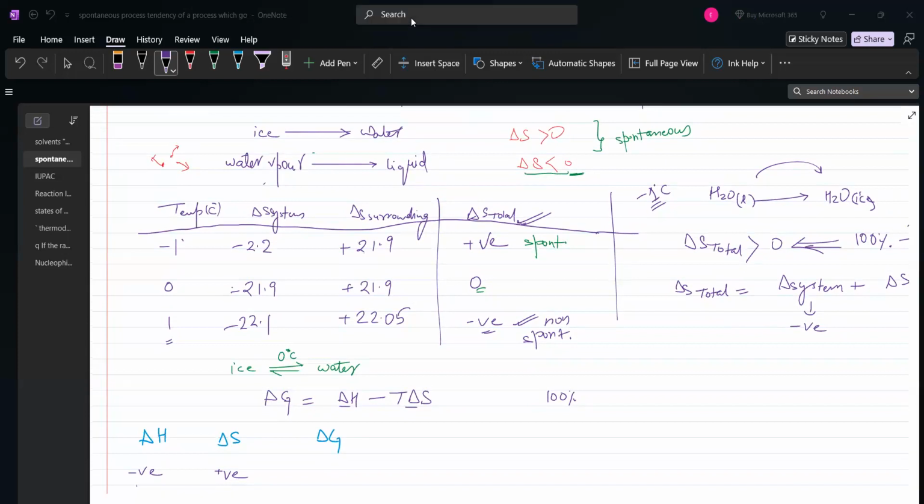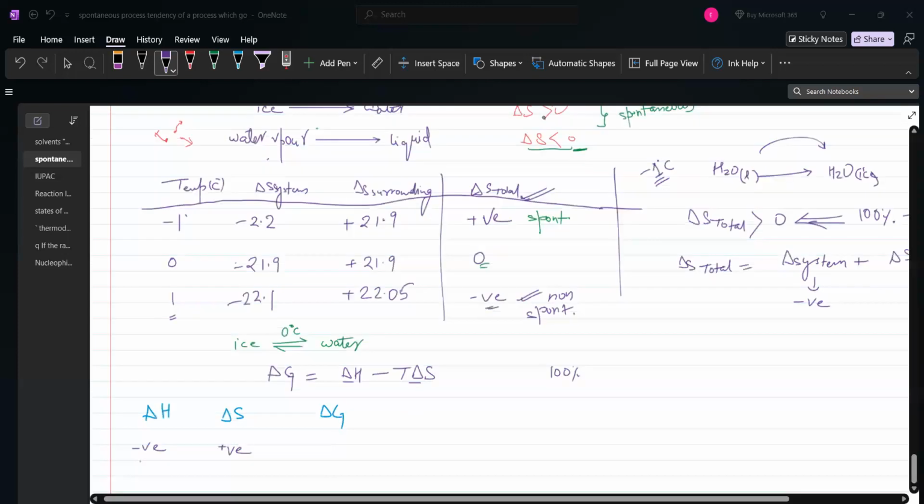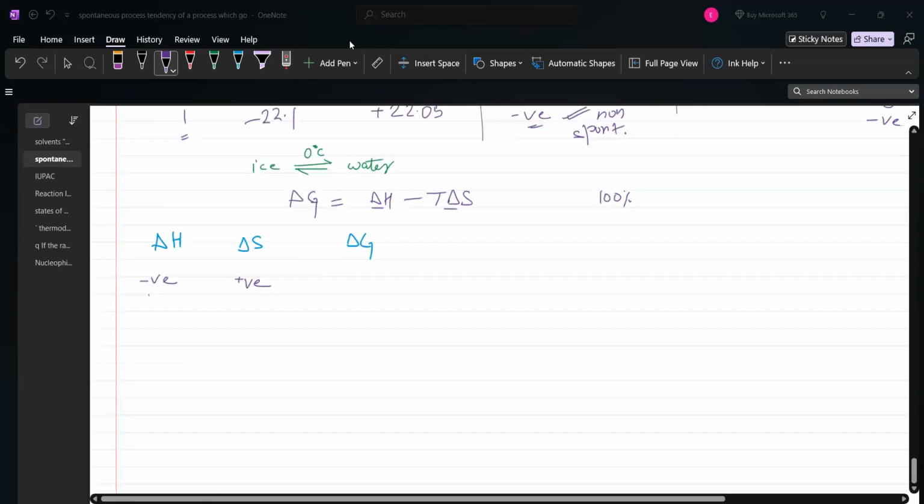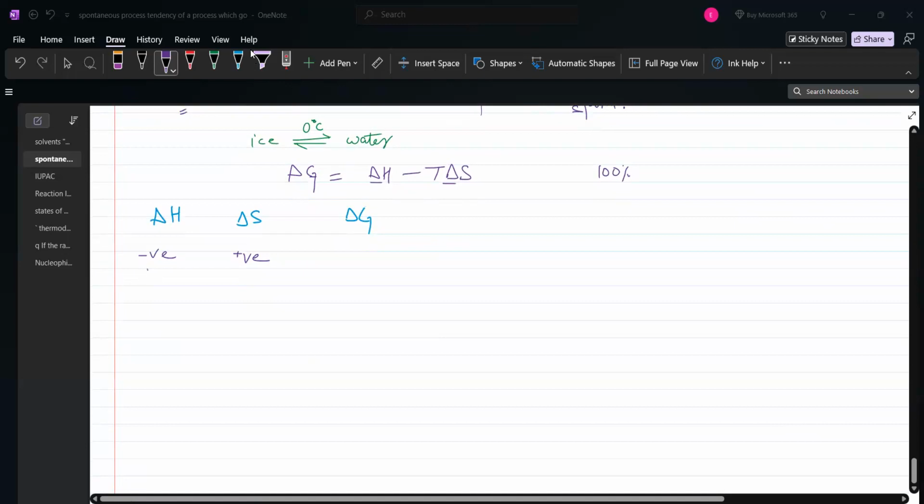Shaima, yes, sir. Delta S is positive and delta H, the enthalpy, is negative. So both are favorable conditions for spontaneity. Because delta H negative means we don't have to give external energy, and delta S positive means randomness is increasing. So both are favorable, right? What do you think, Ali?